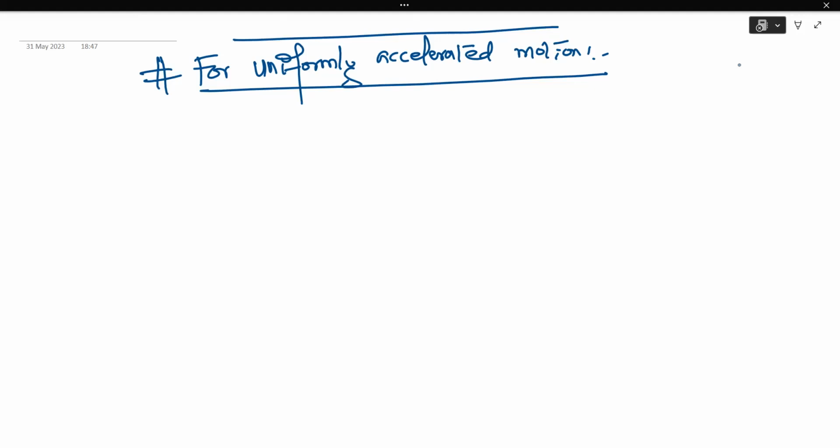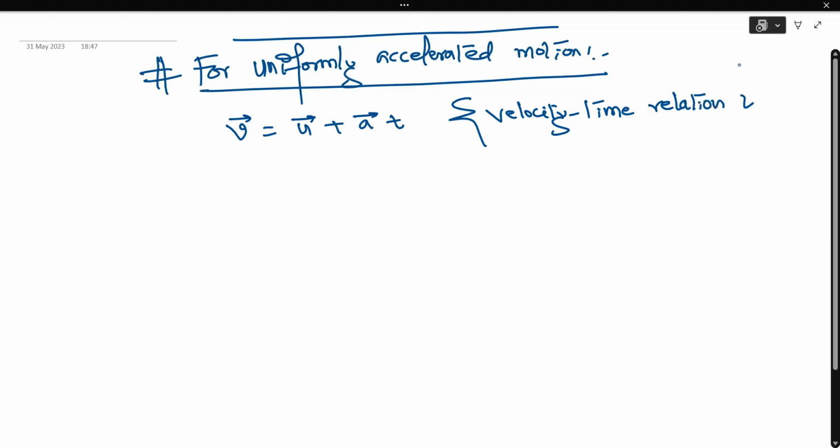So what was the first equation of motion? v equals u plus at, right? What was its name? This was called the velocity time relation, known as velocity time relation.